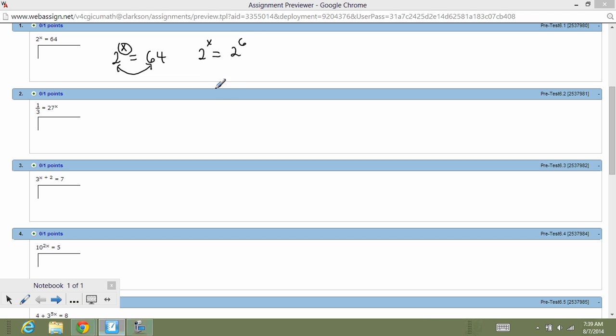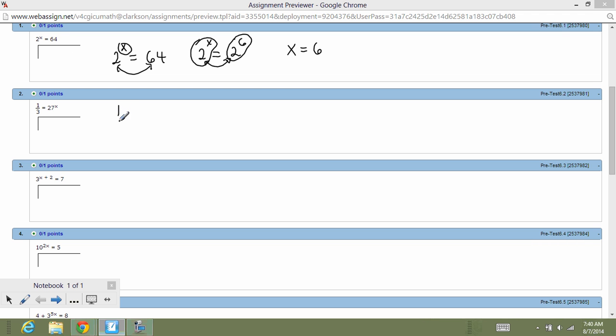Now the basic idea is, since you've got the same base, no pun intended by the way, and since the expression on the left is equal to the expression on the right, then the exponents must be equal. So x would have to be a 6. So we're using the exponent laws to guide us in solving these exponential equations.